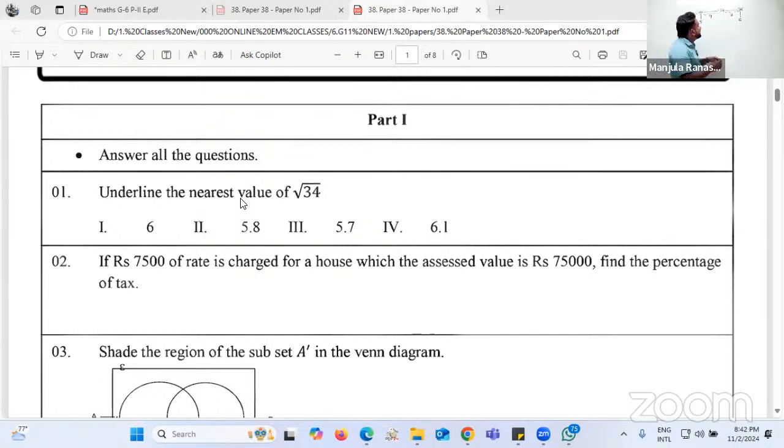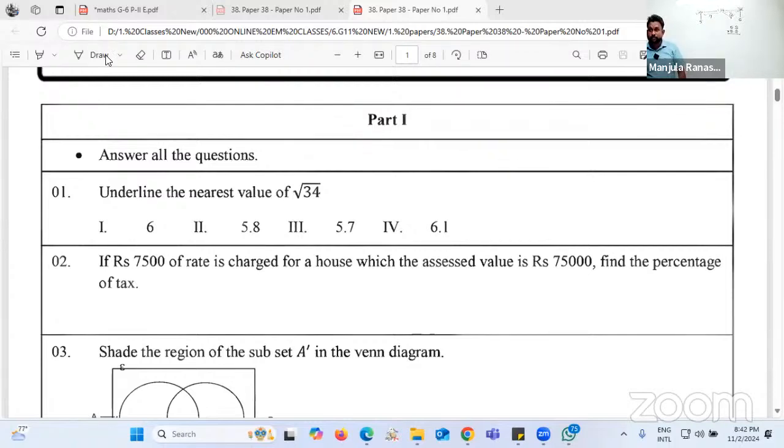So now you can check the closer values, like 5.8, 5.7, such values. Not much closer, but having 2 gaps there. So I check with 5.8. I multiply 5.8 by 5.8 and then check the answer.